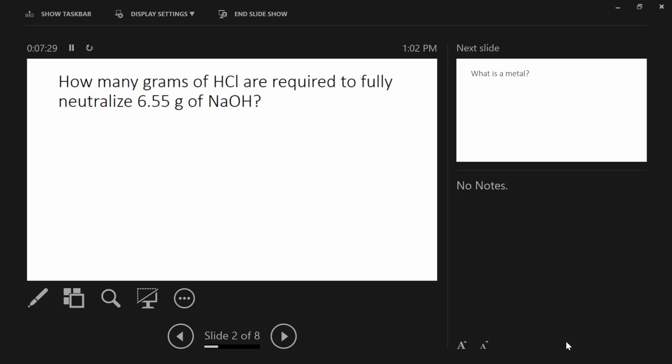And then hydrogen, 1.0079. Is that what yours says? We'll call that 1. Okay? So 23 and 16 is 39. 39 and 1 is 40. Okay? So 1 mole of sodium hydroxide is 40 grams of sodium hydroxide.